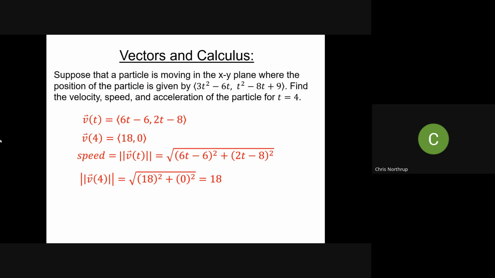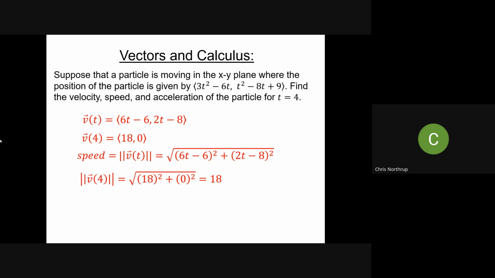So you might think, wait, that's like the same thing. Kind of. 18 is my speed, which can go really in any direction, but my velocity is telling me I'm moving over 18 in the positive x direction, and I'm not moving anywhere in the y direction. Kind of a subtle difference. The velocity tells me also a direction at the same time.